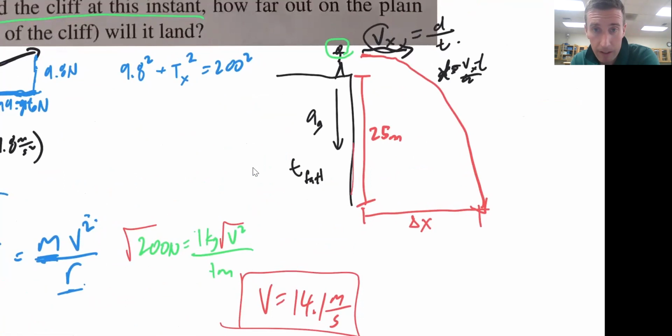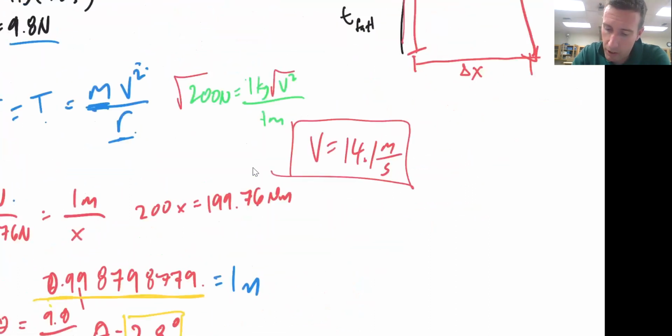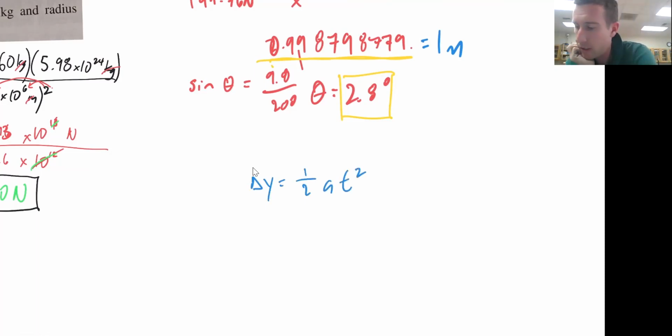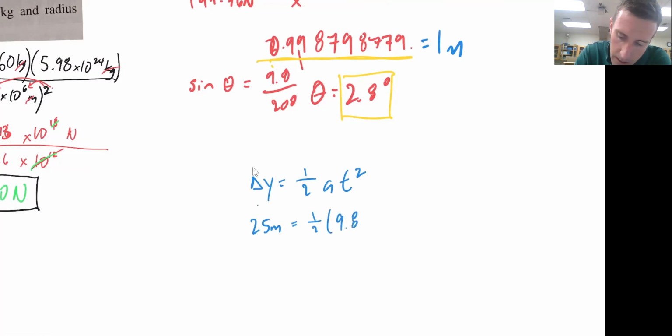it took to fall. The falling time, since it started at rest, I can use my equation for a falling object, which was the change of y is 1/2 at squared. I know that my vertical height was 25 meters, is 1/2 9.8, I guess negative 25 meters, negative 9.8 meters per second squared.